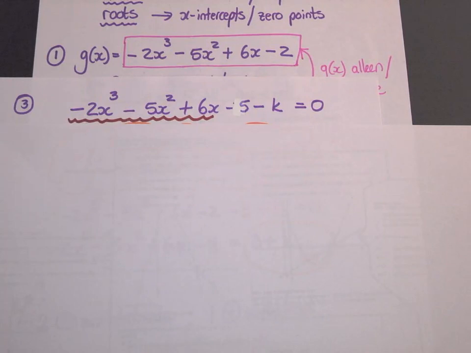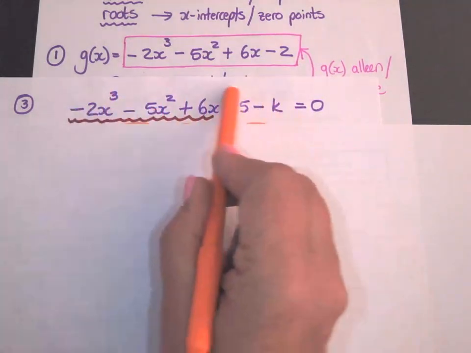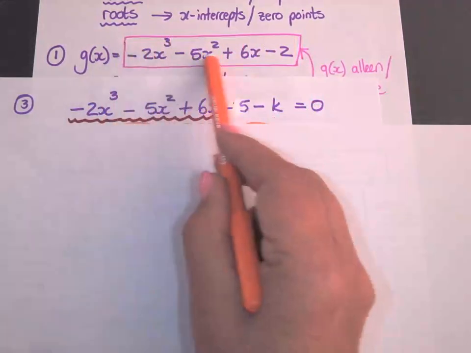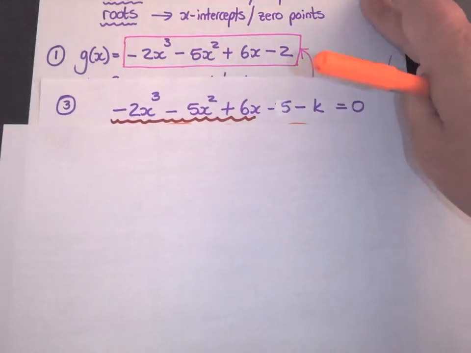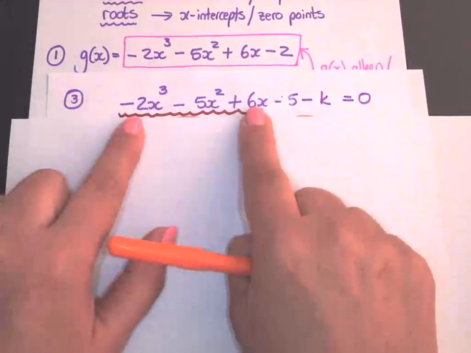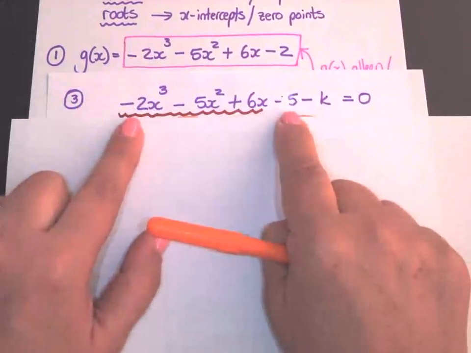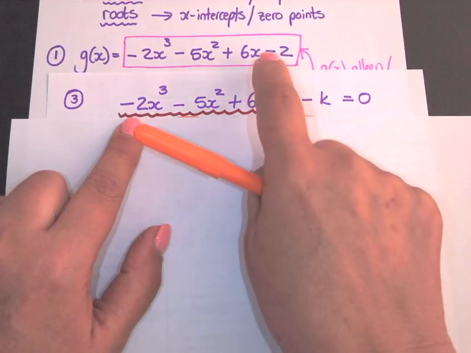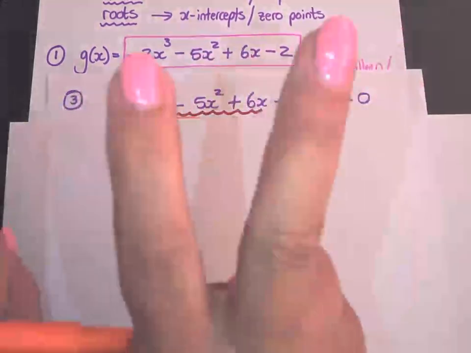Okay, let's go through the motions. I must write this part so that I have the function alone and all the other stuff on the other side of the equal sign. But I only have that part of g(x). Now suddenly I have a minus 5 minus k. But I must have a minus 2 on this side of the equal sign. So I'm going to change it a little bit.